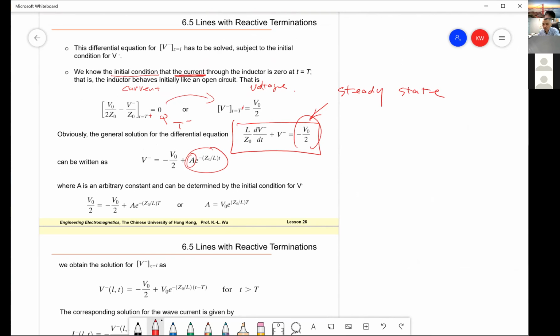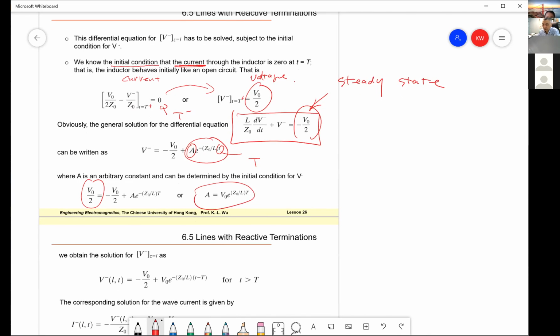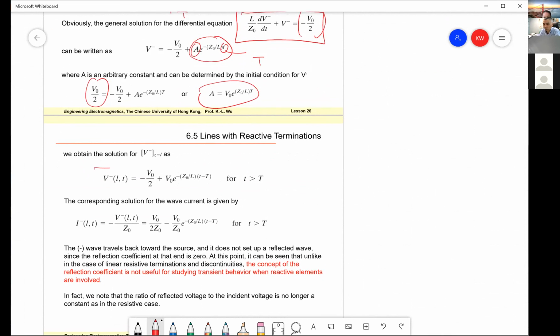So how to use this? We substitute time t by capital T, substitute this into this and use the initial condition. Then we can determine A is this. We substitute A, we obtain this, and then we obtain the reflected wave voltage.